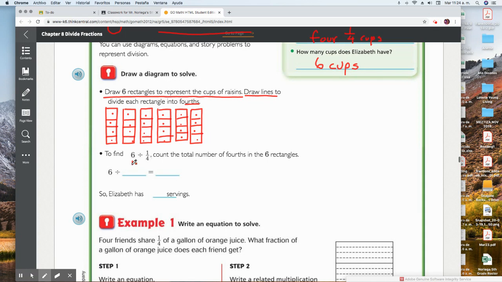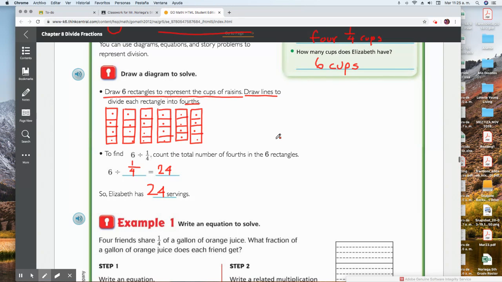Okay, so 6 divided by 1/4 equals how many fourths? 24. So Elizabeth has 24 servings.